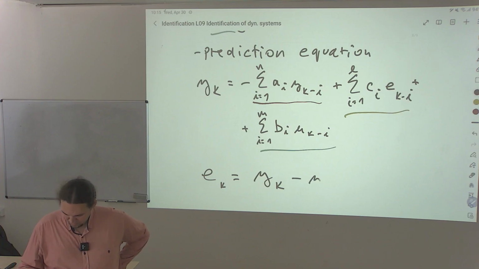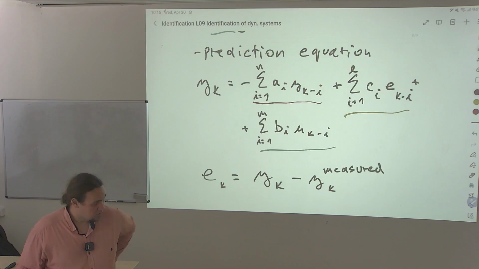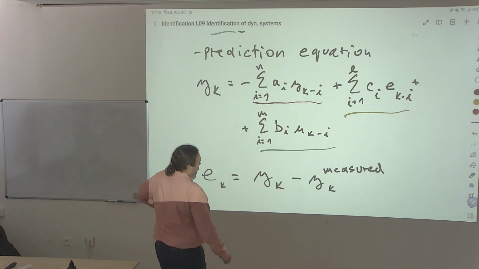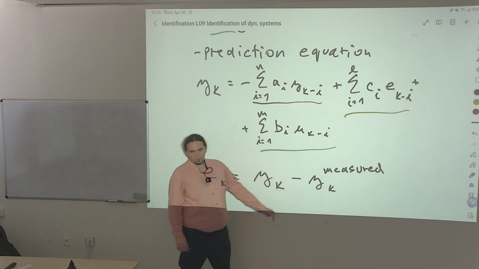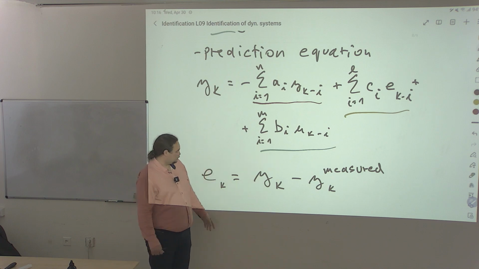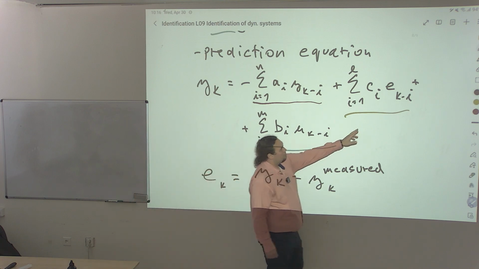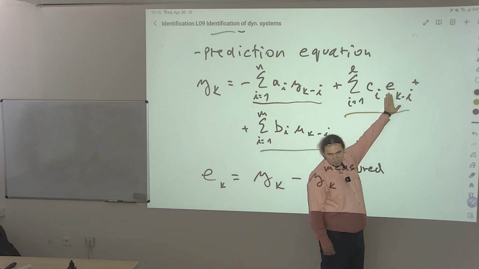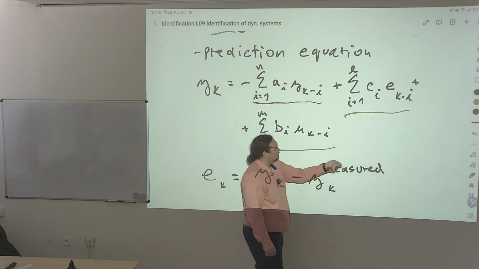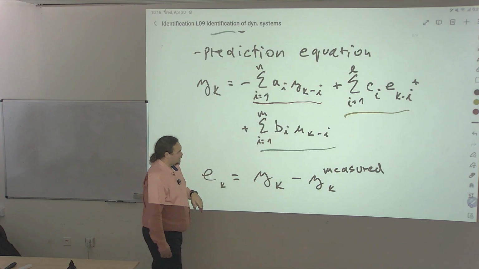The error is basically taking the output that we really measured online in some past. Remember, this e_{k-i} means that we are only looking at the past data.